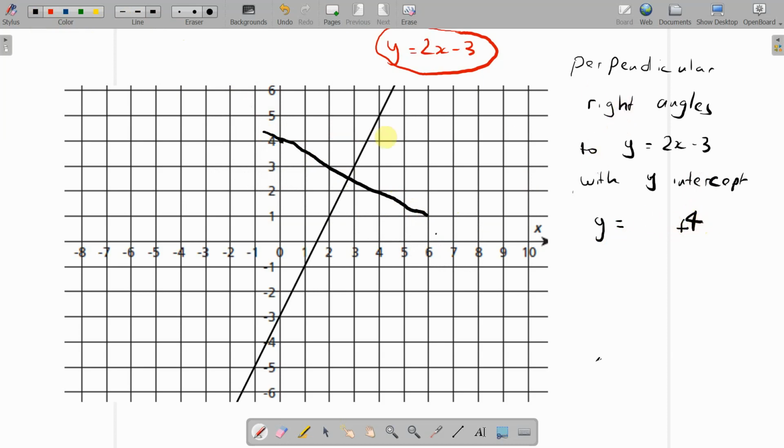But the first part, it's going to slope the other way. So it's a different gradient. So how do you work it out? We take the gradient of 2, and we flip it. Upside down becomes a half.